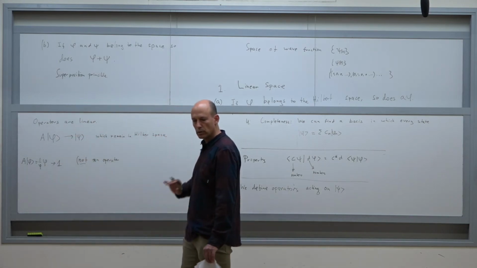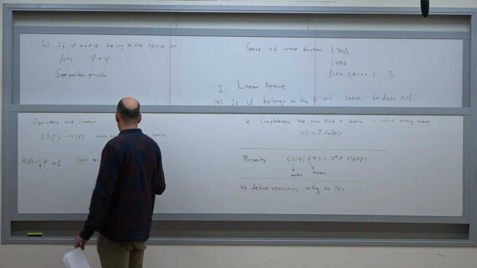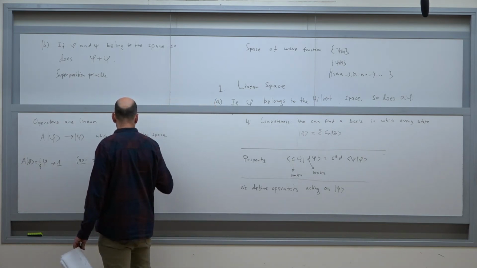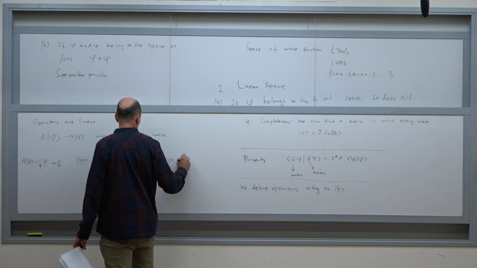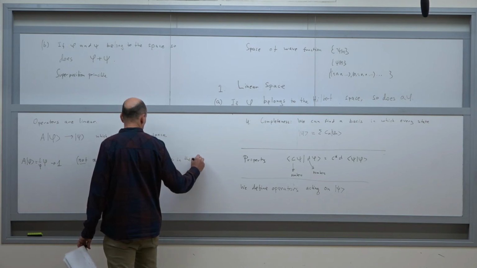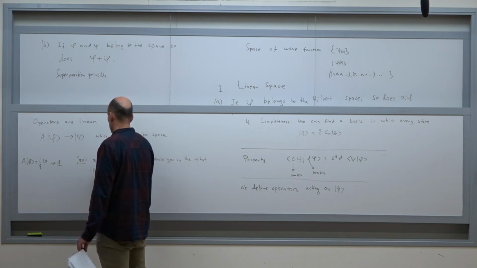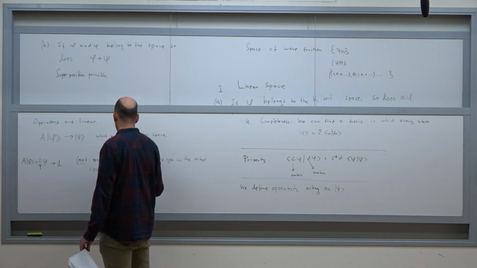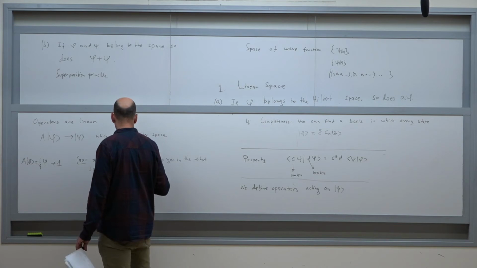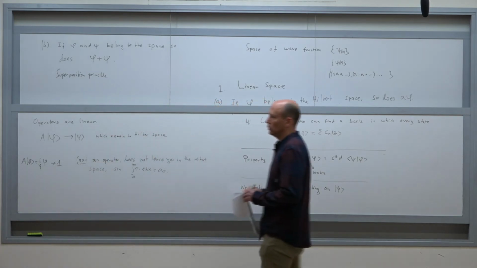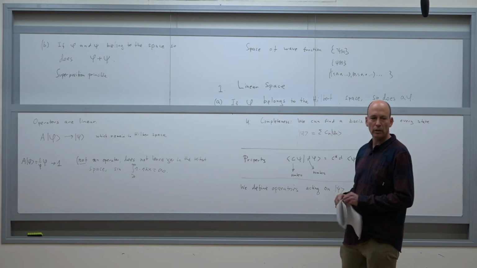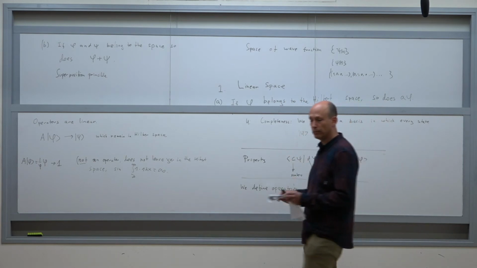These are bad operators because they don't leave you in the space, since 1 times 1 integral from minus infinity to infinity dx, for example, is equal to infinity. There's no norm anymore. See why they define the norm at the beginning? That is a property.